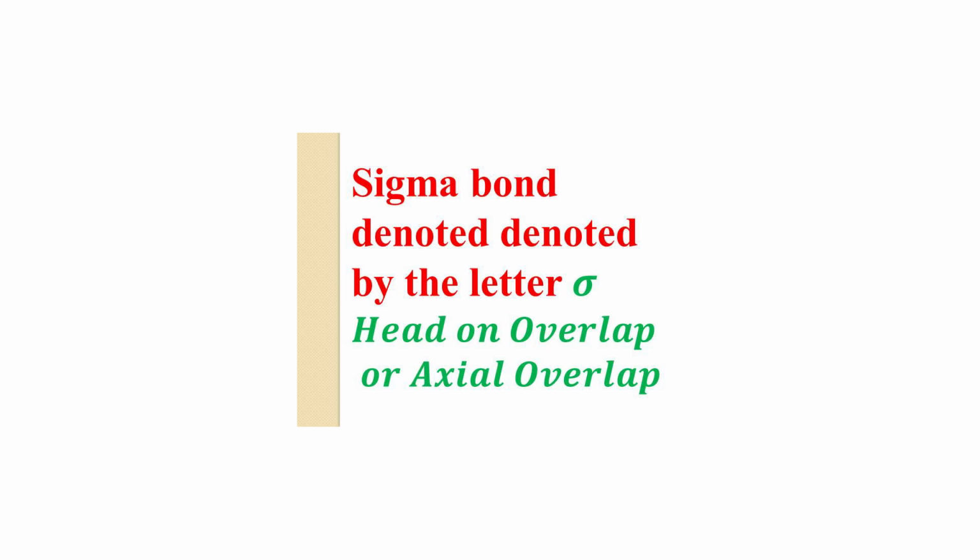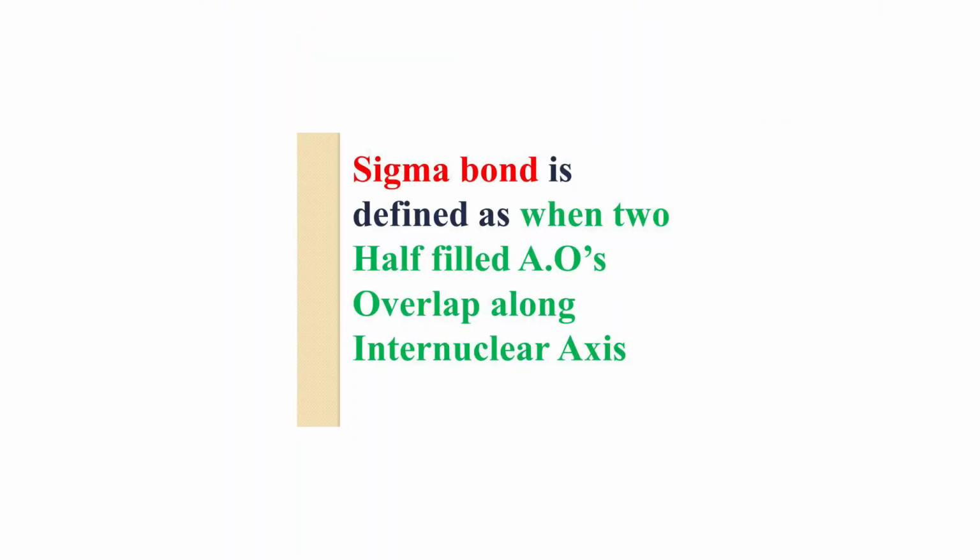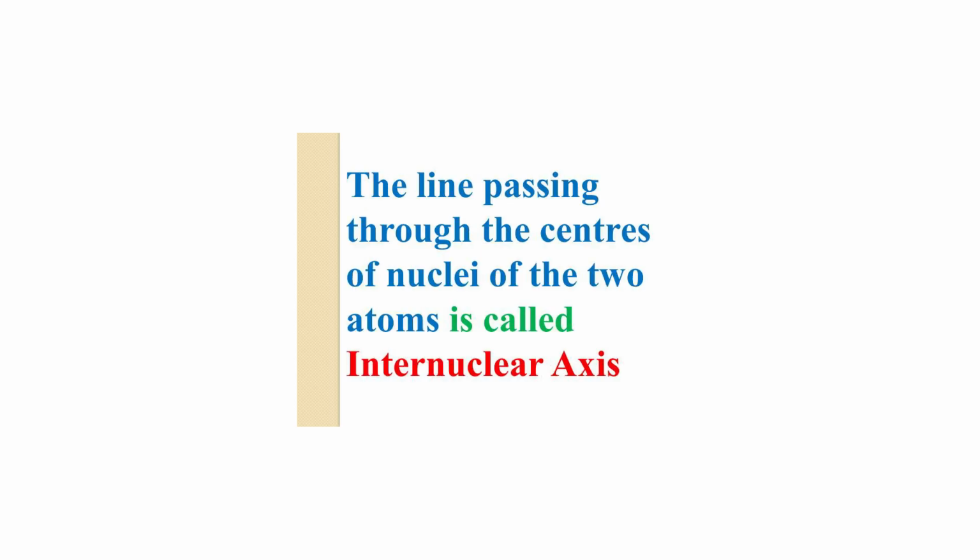Can you define sigma bond? Yes. What is sigma bond and pi bond? When two half-filled atomic orbitals overlap along internuclear axis, such a bond is known as sigma bond. What is internuclear axis? The line passing through the centers of nuclei of two atoms is known as internuclear axis.